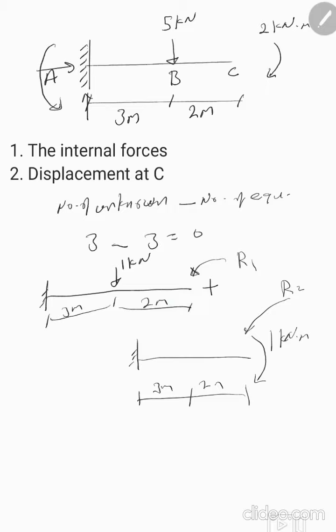Next, we should find the law of force, F equals TR times R plus TX times X. For the X part, it will equal 0, because it is a determinate structure.